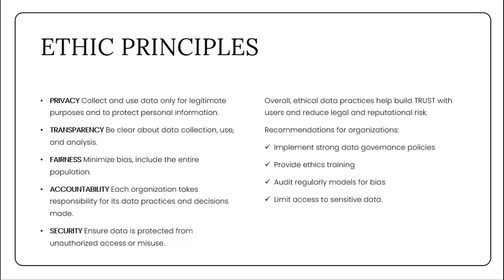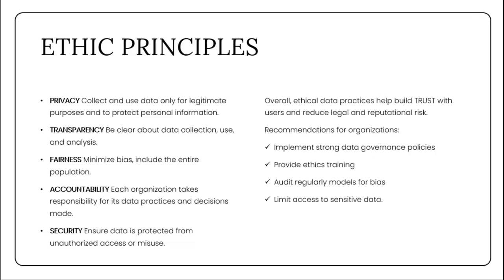Transparency involves being clear about how data is collected, used, and analyzed, especially when algorithms influence decisions. Fairness requires minimizing bias so that data and models do not disadvantage certain groups.